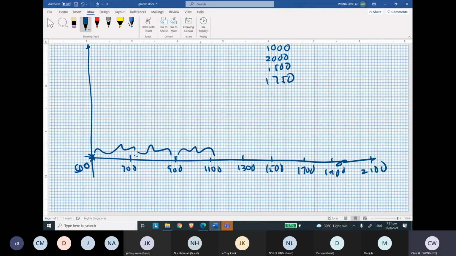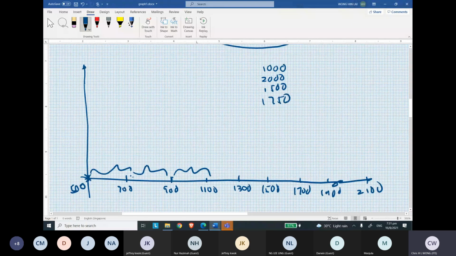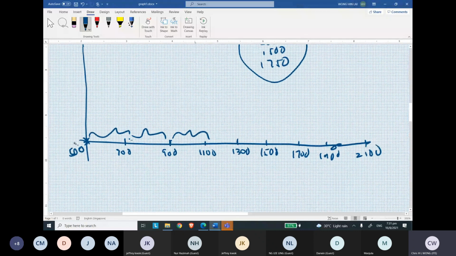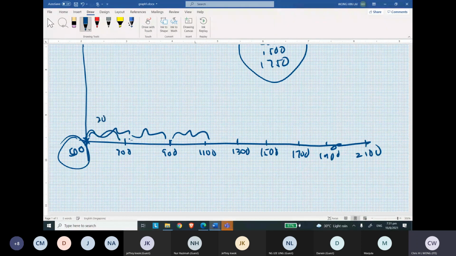So you can see here, since the number is between 1,000 and 2,000, I can actually start from 500 first. And then every 20 squares, I represent 200, okay? They are all equally divided. In the end, you have 500 to 2,100.